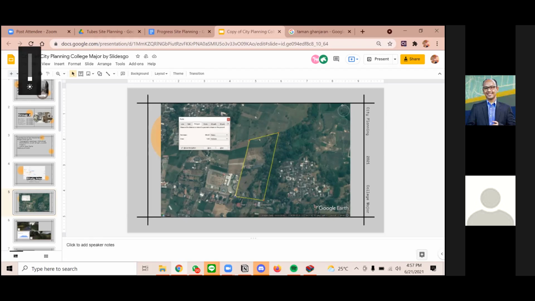And why did I say sun exposure? Because for a resort, that will of course determine the level of comfort, and it will also help you determine your building placement and so on.